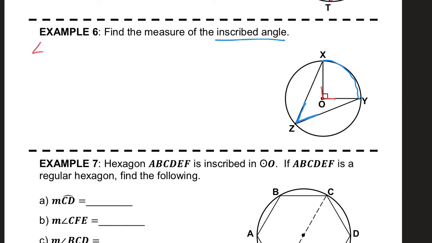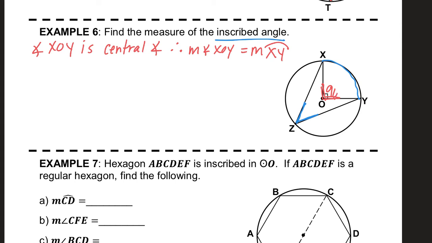So we have that angle XOY, what I just traced in red, is a central angle. Therefore, the measurement of angle XOY is equal to its intercepted arc, arc XY. So that means with that 90-degree angle, this central angle is 90 degrees, so is arc XY.